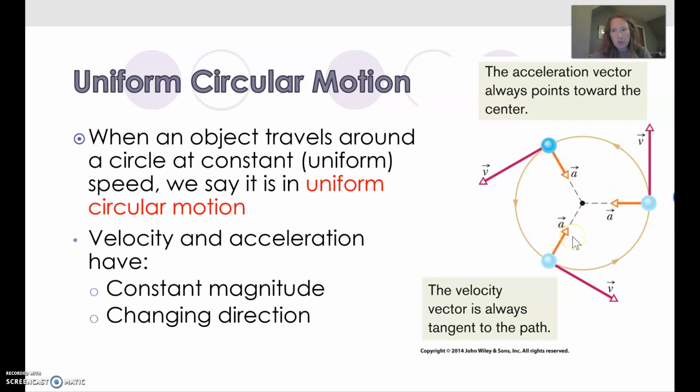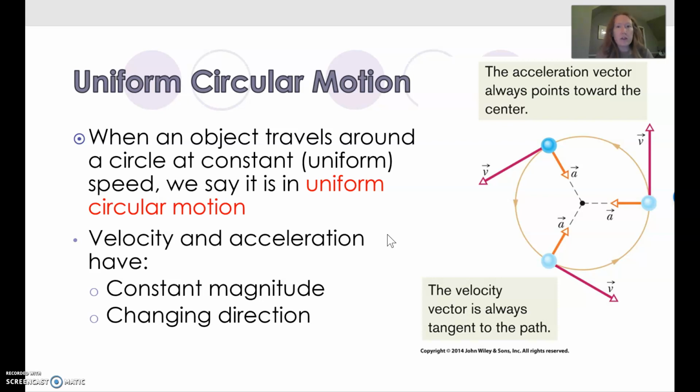This blue ball is going counterclockwise. And then when this happens, the acceleration of the object is always toward the center of the circle. So there's a proof of that, a mathematical proof of why that is in your textbook.